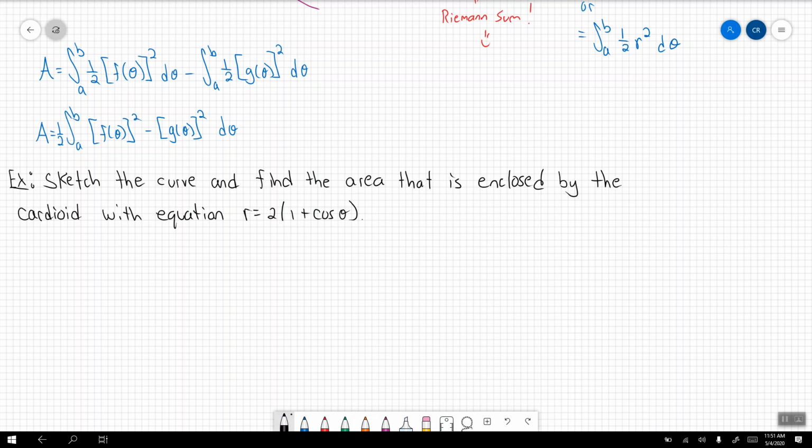There we are. So we have to go through and sketch this curve.